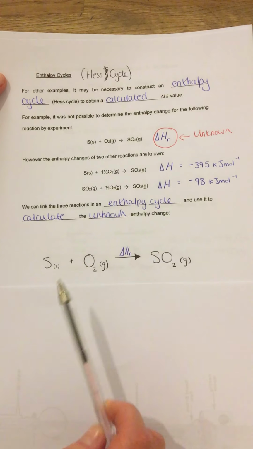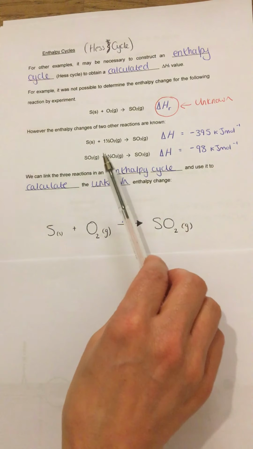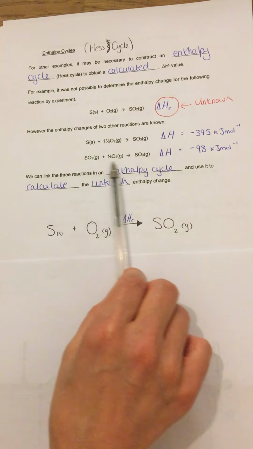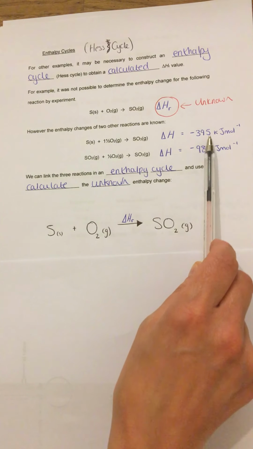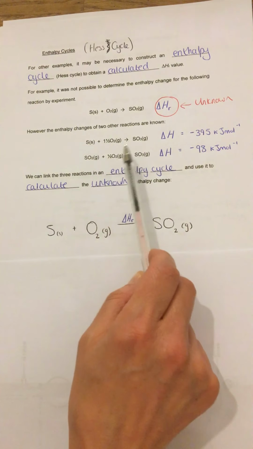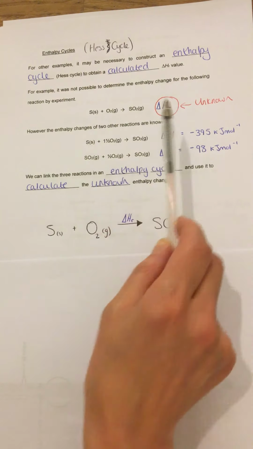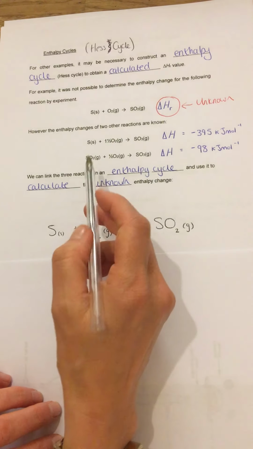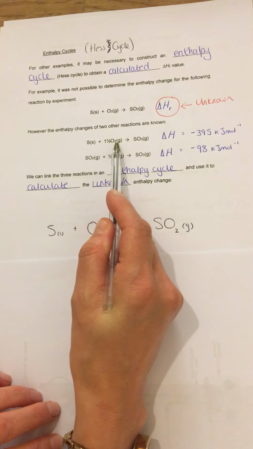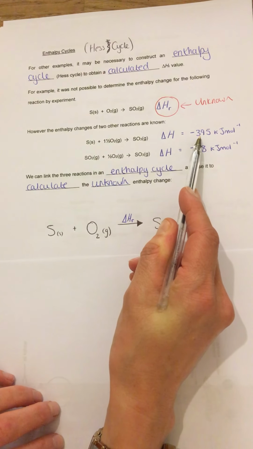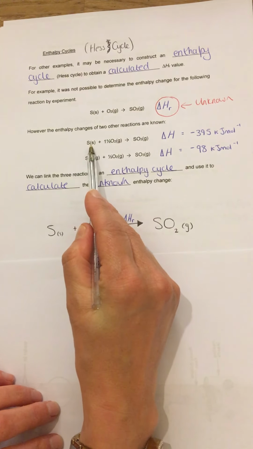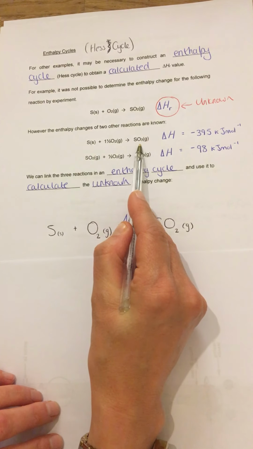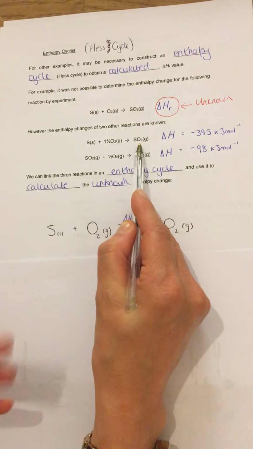And then you look and see how these other equations that we've been given, and that we do know the values for, fit with the one that we've got here. If we look at this first equation, for which we've been given the value, we've got sulfur being converted into sulfur with 3 oxygens on it.